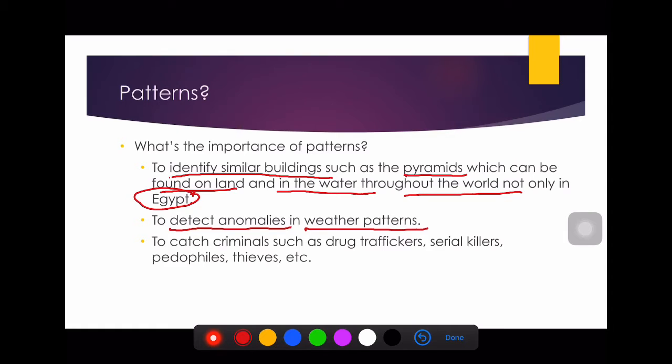And then to also catch criminals such as drug traffickers, serial killers, pedophiles, and thieves, etc. Because all these people and human beings, we follow a certain habit, and that habit is becoming a pattern in our life, or we call it routine.